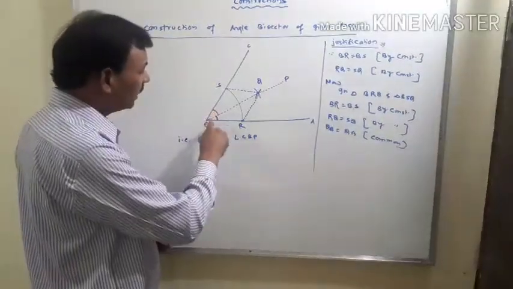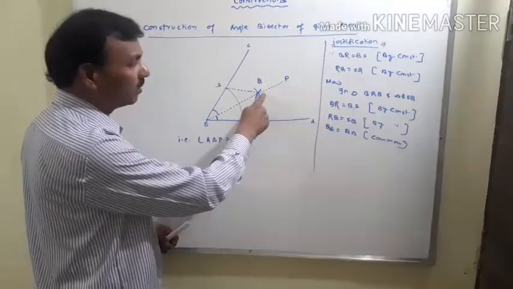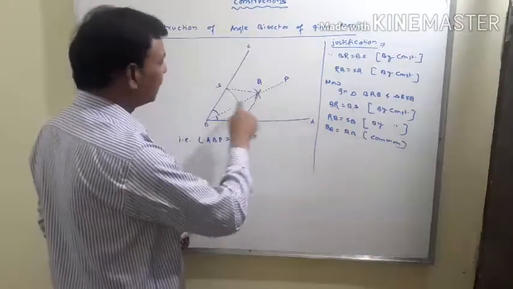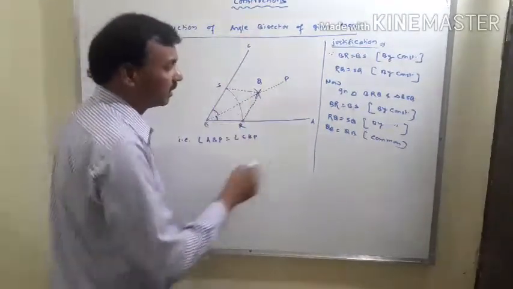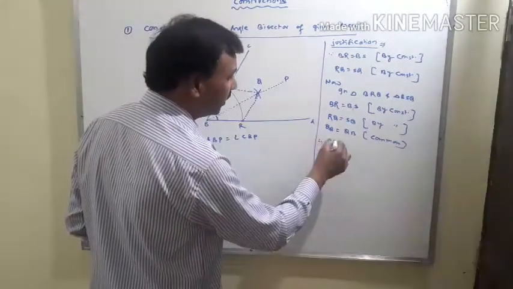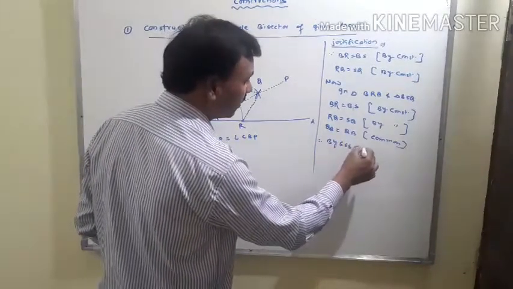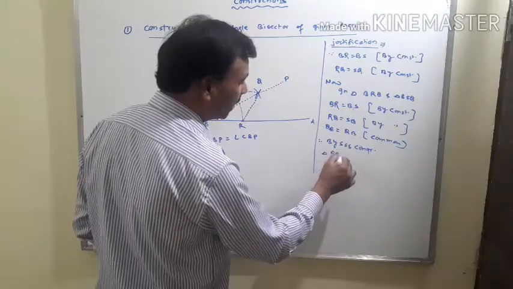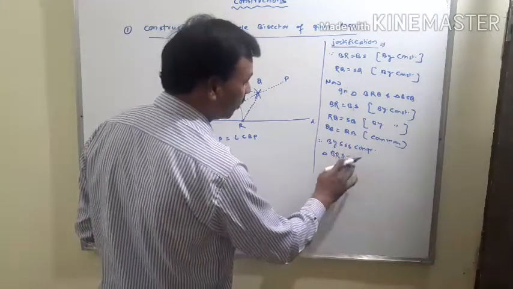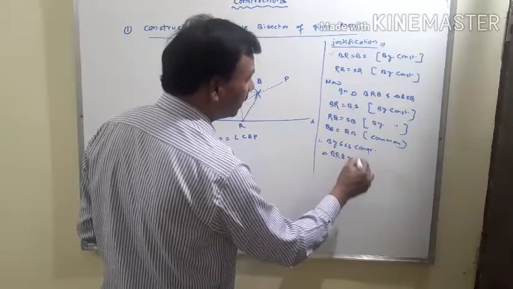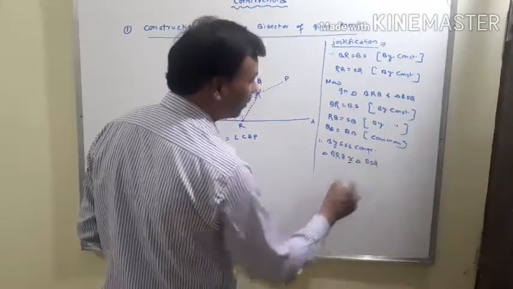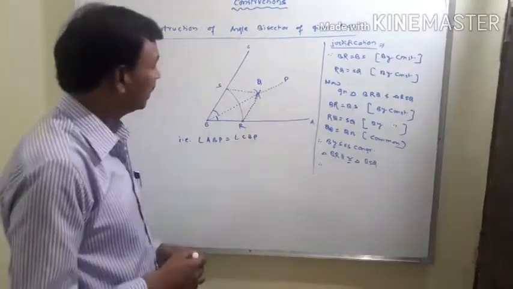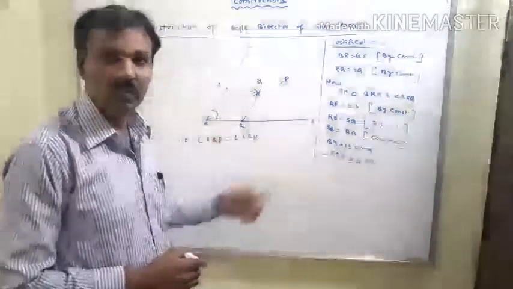All sides of triangle BRQ are equal to the corresponding sides of triangle BSQ. Therefore, by SSS congruency, triangle BRQ is congruent to triangle BSQ. Therefore, if both triangles are congruent, corresponding angles will be equal.